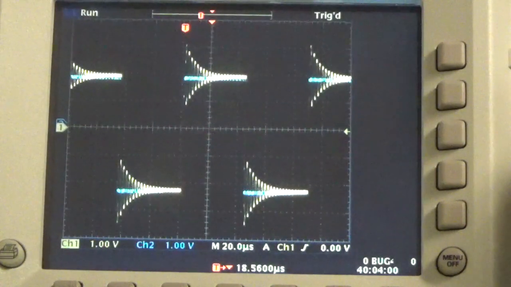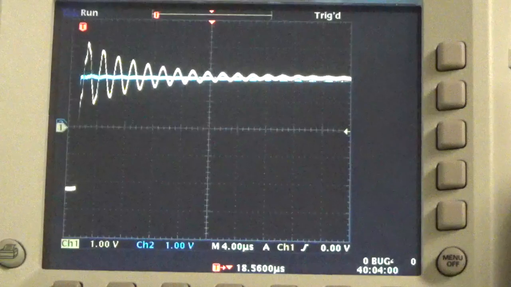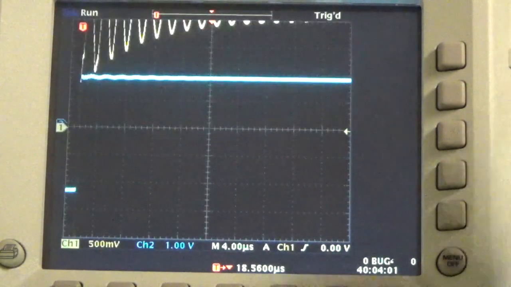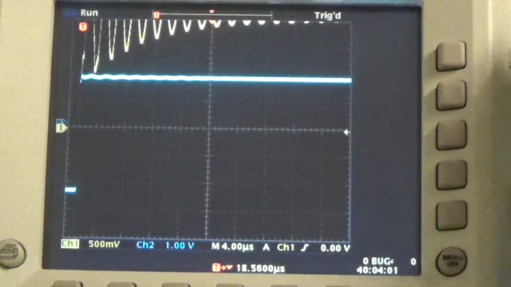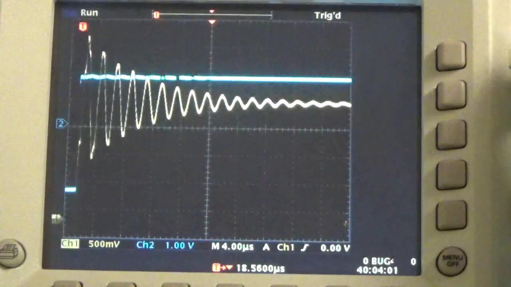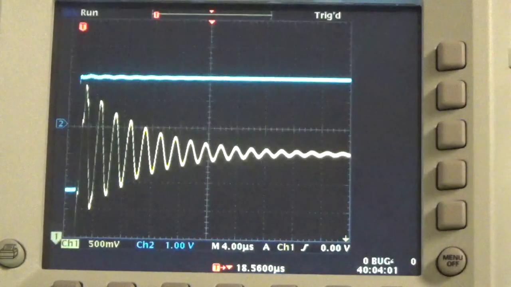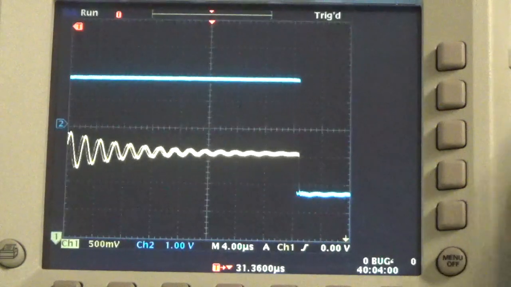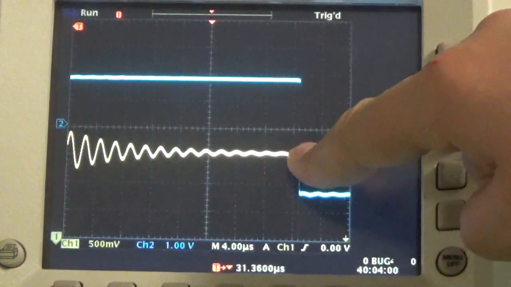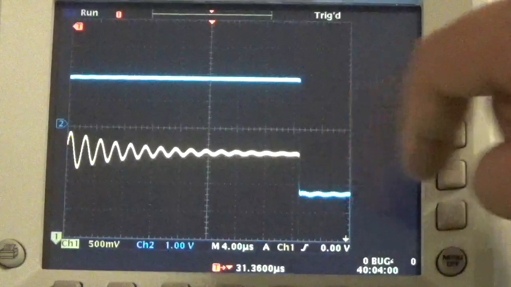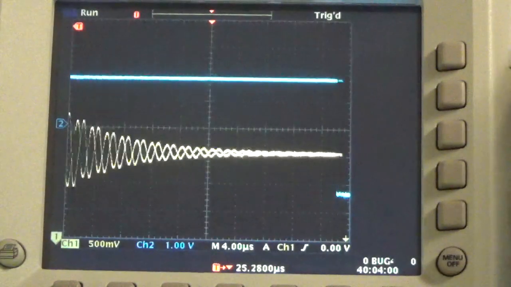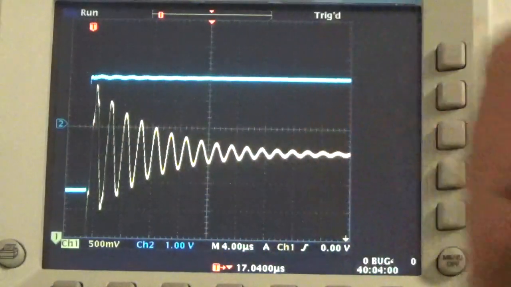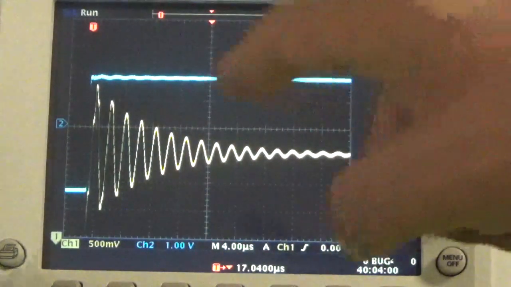I will increase the time division, and then bring this down, so that can help me to count the number of oscillations. We need to count from left to right. So let's see how many oscillations we have.